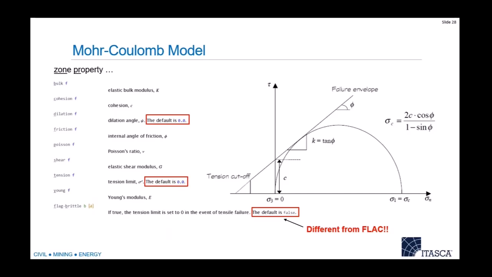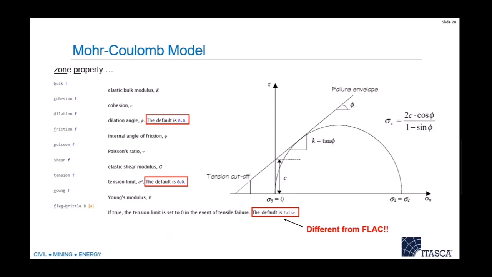By default, it assumes that the tension cutoff is 0, which means that it's assuming that you're using a soil and it can't withstand any tension. So if you try to pull this apart at this part, right? Certainly, if you're using a rock or maybe some kind of sticky clay, you might have the ability to support tension, and you can give a tension cutoff that's not 0.